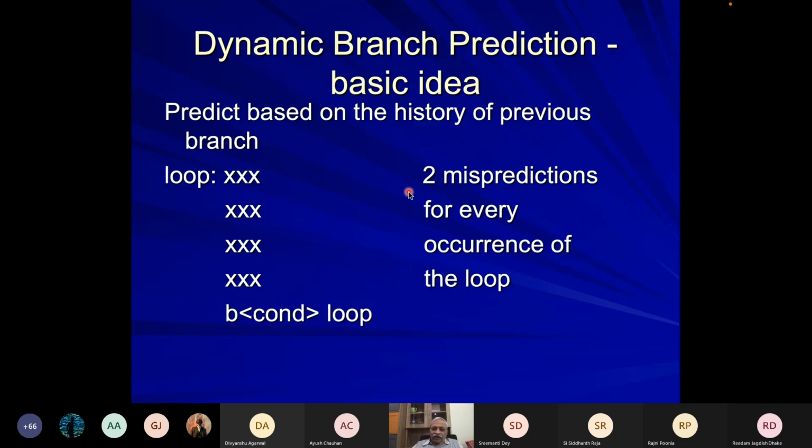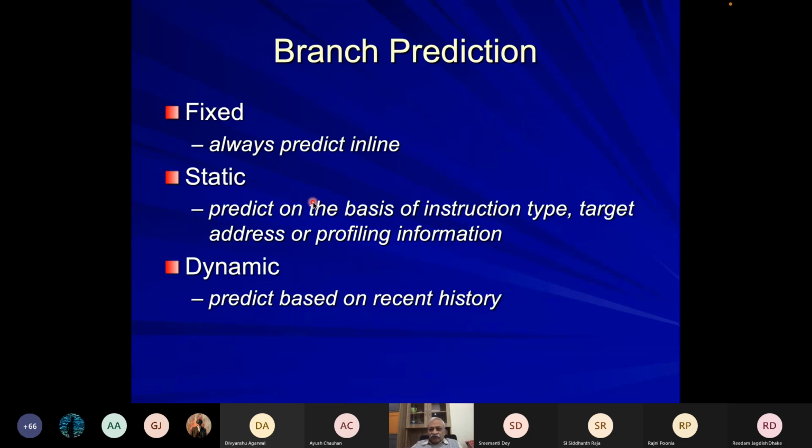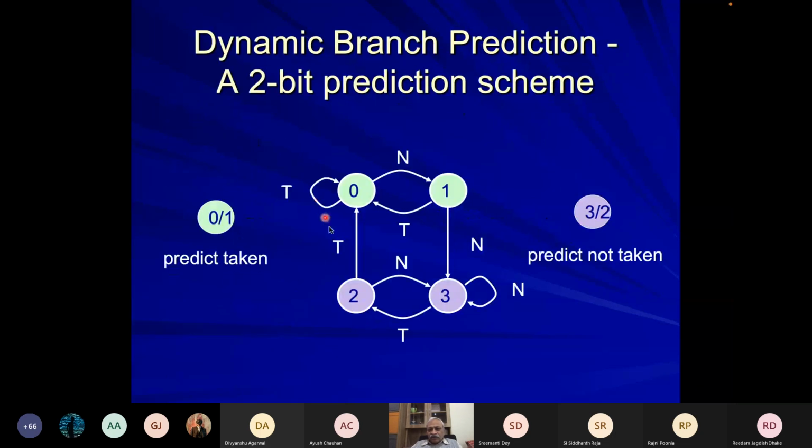So for example, here, if you had started in state 0, let us say, you will encounter one misprediction, but that will not flip you to the other side, and you'll continue to remain in state 0 or 1. But suppose you start with state 2 or 3. Initially you will go wrong.